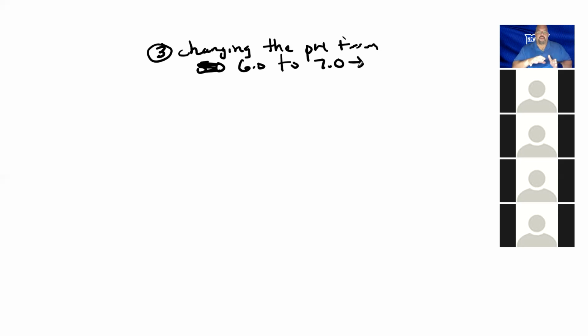So here we start at a pH that's further away from the optimum pH, which was 8, and we're changing it to a pH that's closer to the optimum pH. So what should happen to the rate? The rate should increase.